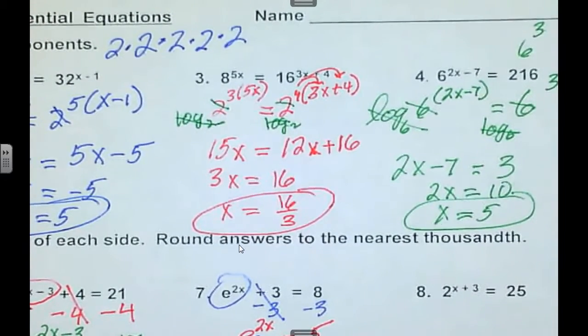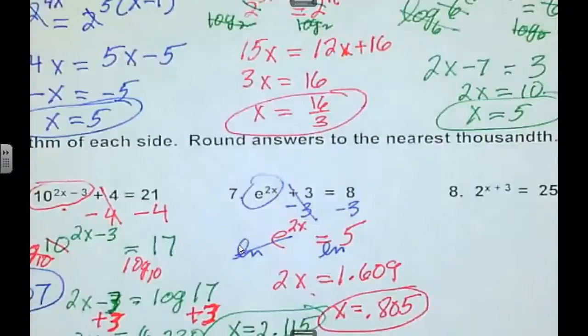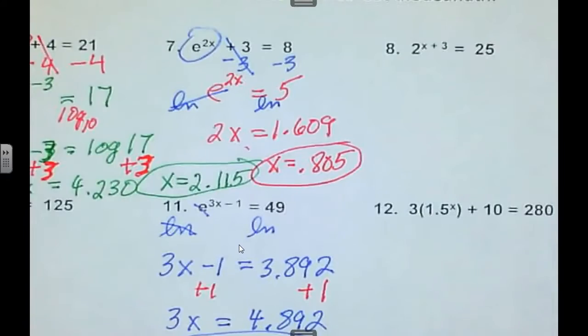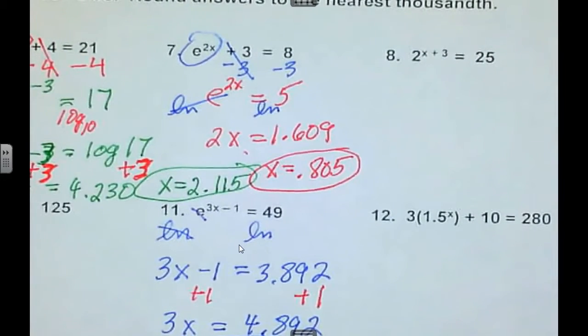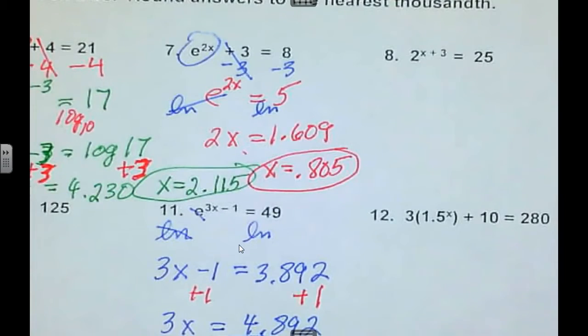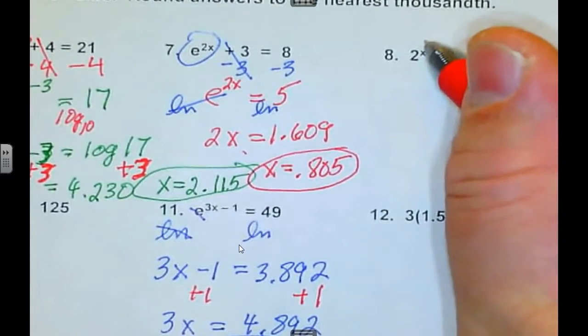Okay, number 8. This is where we take the log of both sides, and then we have to actually evaluate it. So we have to come up with a number, and this is where most likely you're going to use change of base formula. So I'm solving for the x.